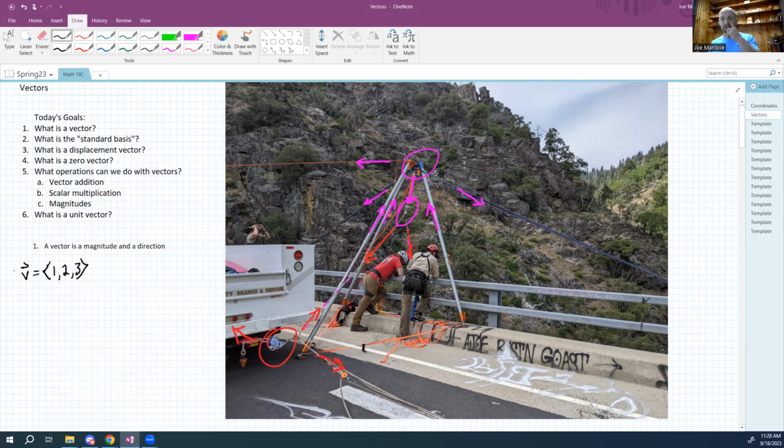Don't use X, Y, Z, please. Then we put this little hat over the top. In the textbook, they're just bolded. On tests, they'll just be bolded, so you may have to look closely. If you're not sure, ask.